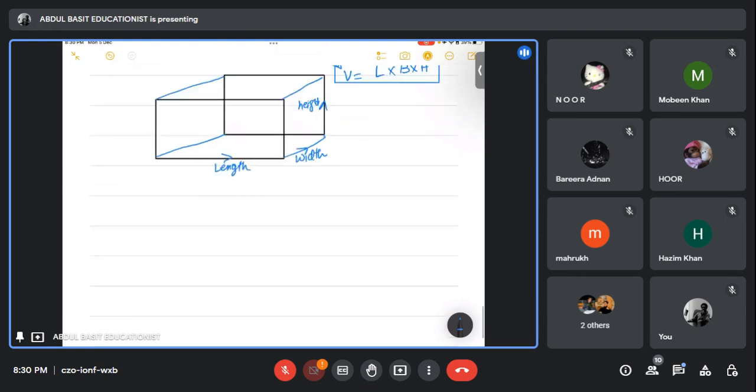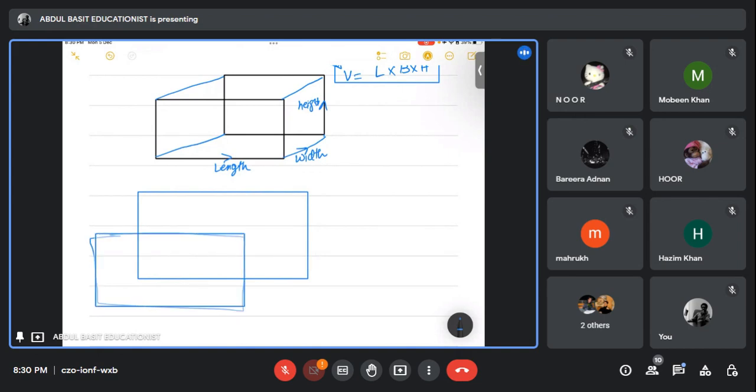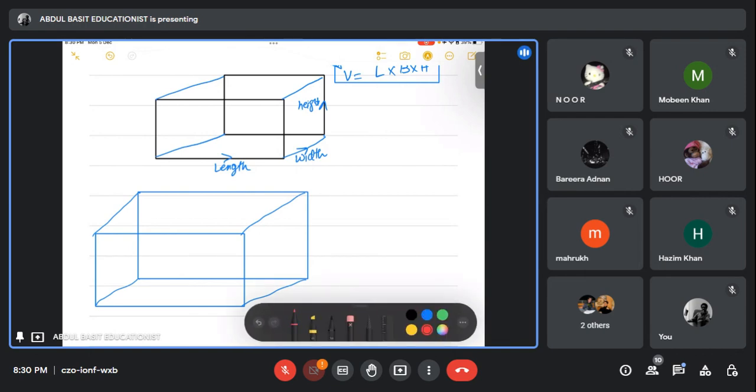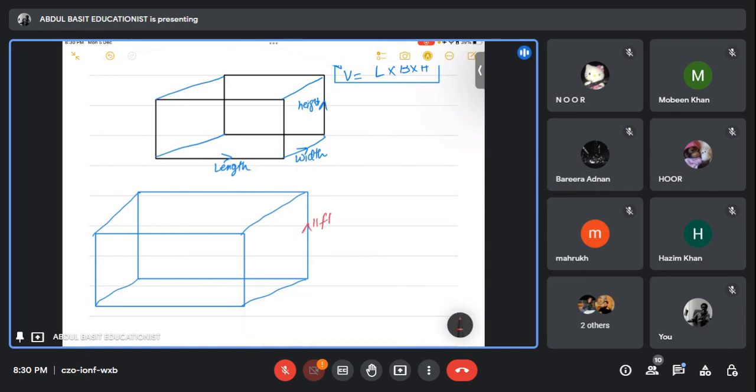For example, a normal room, like the room in which I am sitting right now. Let me make a bit of calculation. This room has a height of 11 feet, and the breadth is 10 feet, and the length of the room is 12 feet.